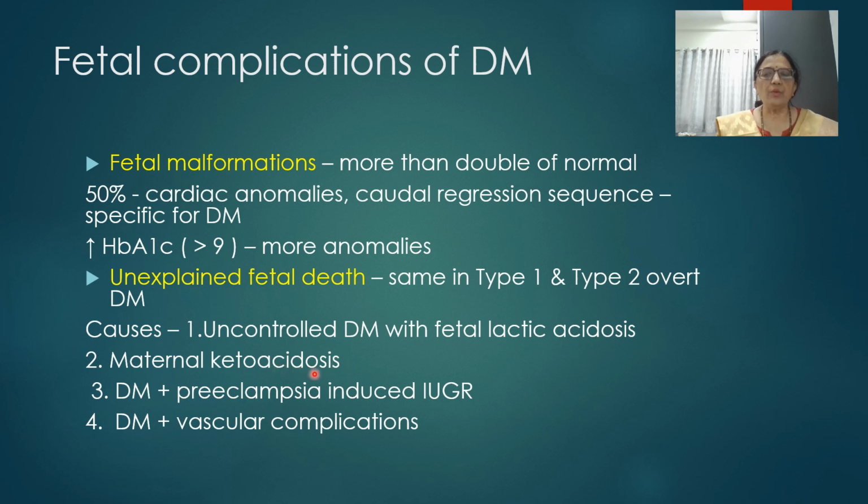Maternal ketoacidosis is a risk factor for intrauterine death. Diabetes and preeclampsia together, leading to intrauterine growth restriction, is a risk factor for intrauterine death. And whenever diabetes is associated with vascular complications, diabetic nephropathy, retinopathy, neuropathy, in these patients also there is an increased risk of sudden unexplained fetal deaths.